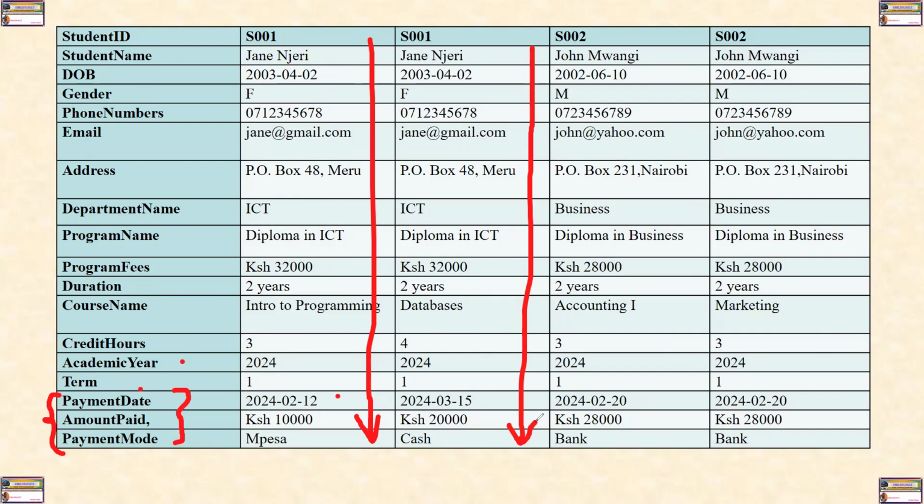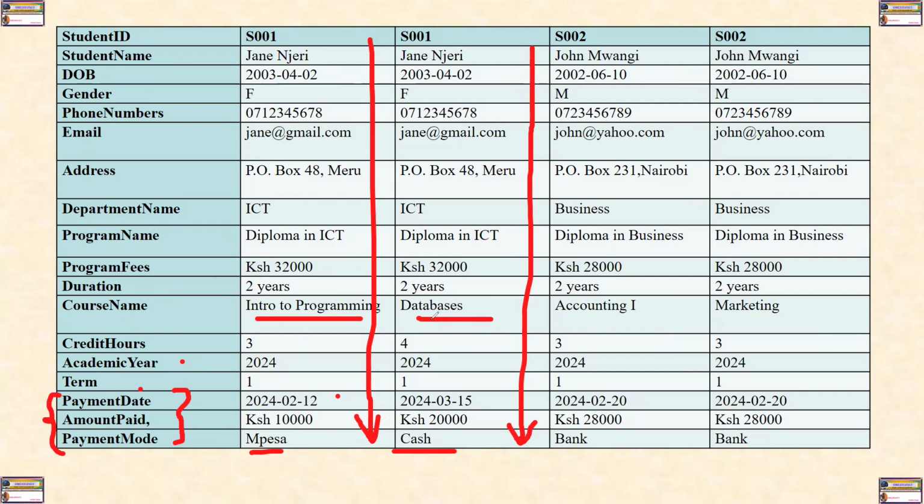But what are the changes? The changes are occurring where you find that the same student had information which was kept together for 2 different things, like for programming course and databases course, and for mode of payment also.